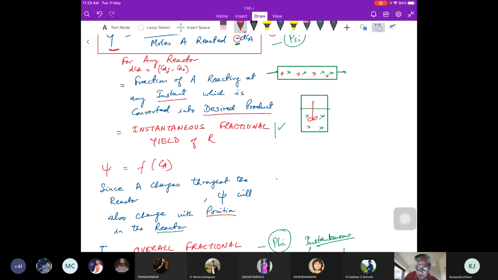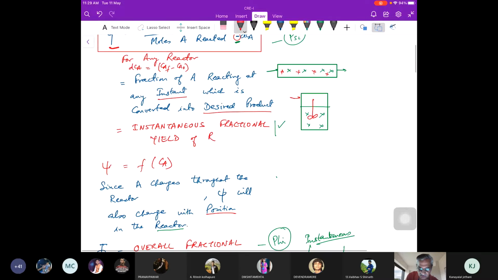Average we say it is okay because this is Ca naught and this is Ca. We assume it's a average concentration of exit. But in the reactor, it can be different value here, different value here, different value here, different value here. Because mixing is not perfect. ठीक है? So, any questions on psi?